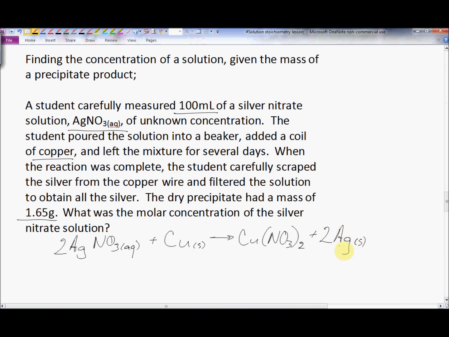And it's the solid silver that we scrape off at the end. That's the product that we have the mass of, and we're trying to find the concentration of the silver nitrate, which we have 100 milliliters of.